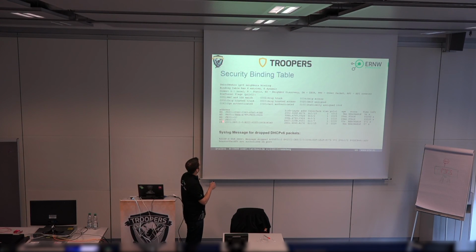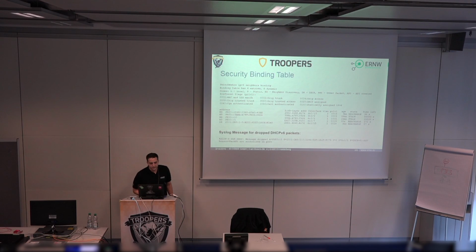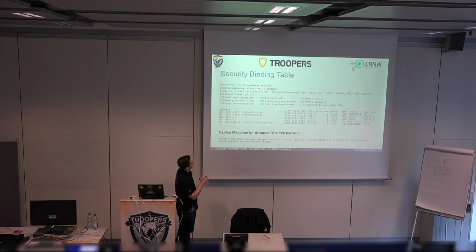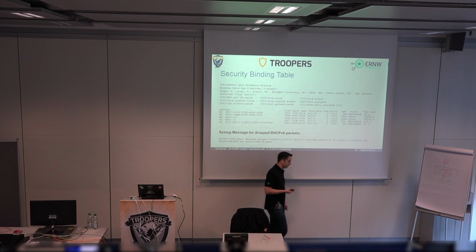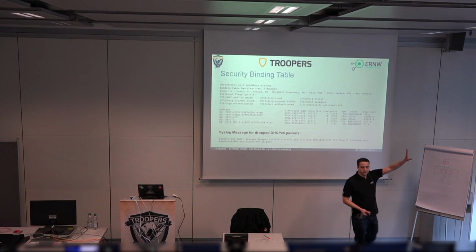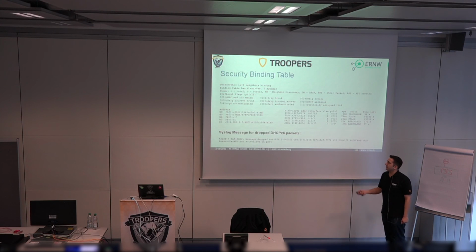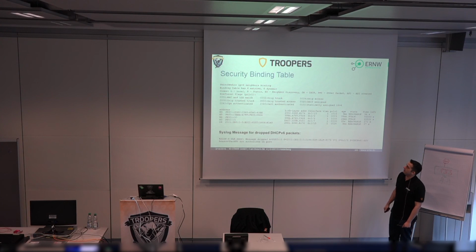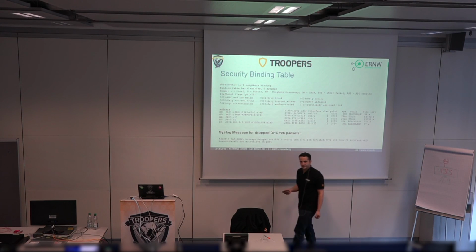For example, it has learned some addresses over the neighbor discovery protocol, an IPv6 address associated with a MAC address and on which interface. If I now try to send a spoofed neighbor advertisement, for example with this address, the switch will block it, because it checks the neighbor advertisement against the entries in this neighbor security binding table, and if they do not match, the switch just discards the packet.